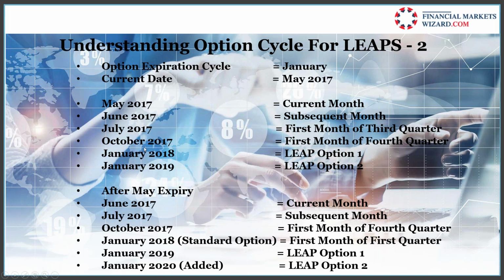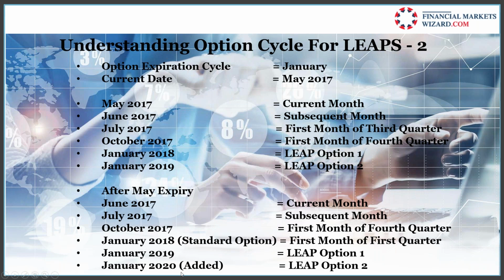Now they need to list another month. We know the formula. January 2018 is the first month of the first quarter, so it becomes a standard option, and we had 2019. They will add 2020 as another month for the June LEAP option.